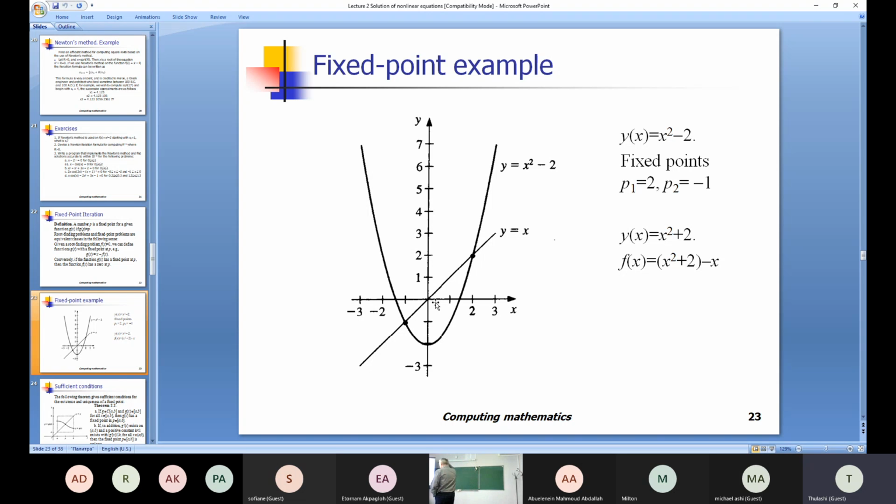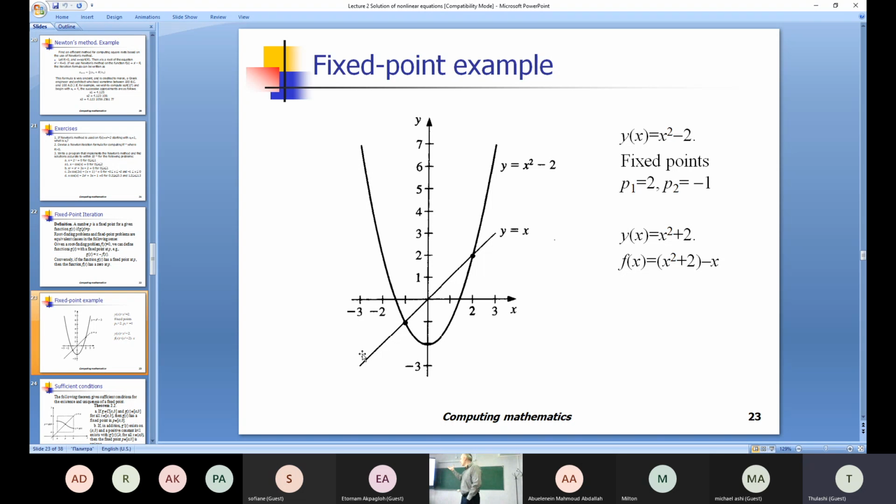This graph, this picture corresponds to the function x squared minus 2. And the fixed points are the points of intersection between the graph of the function and y equals x.